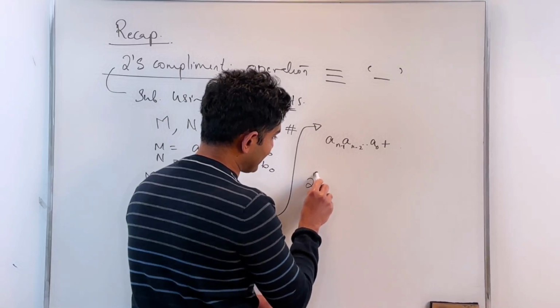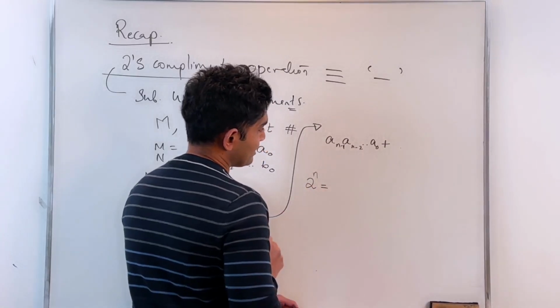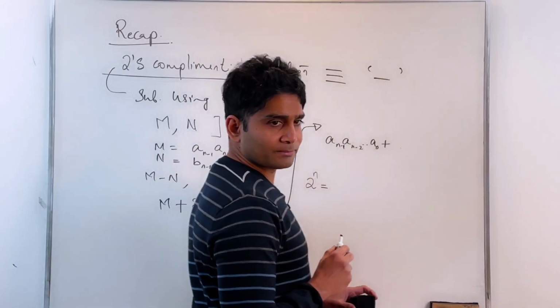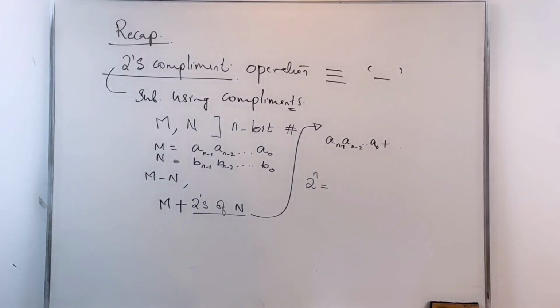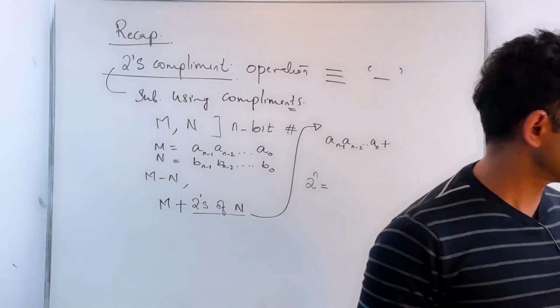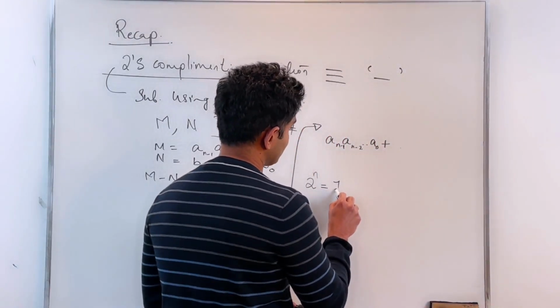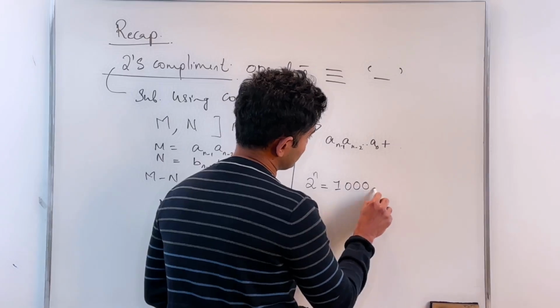If I have 2 power n, how do I express this as a binary number? 2 power n is not binary, I want to express this as a binary number. What would that be? I hope you still remember that. 1 followed by n zeros. That's perfect.